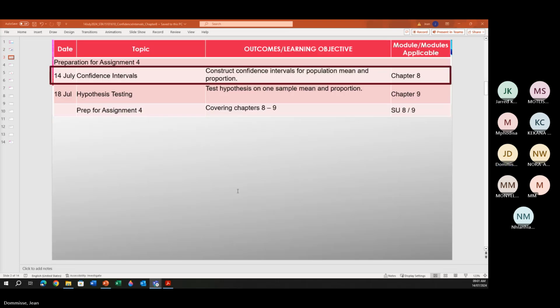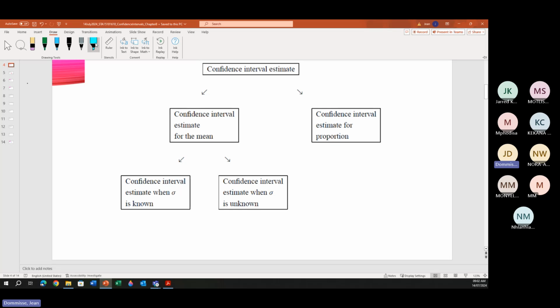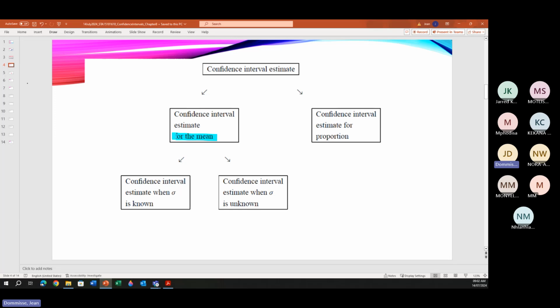Okay, so basically today we're going to start with confidence intervals. And what this entails is we will look at confidence intervals for 3 things, nearly building up from chapter 6 and 7. So we've got confidence intervals for what we did in chapter 7 for the mean.